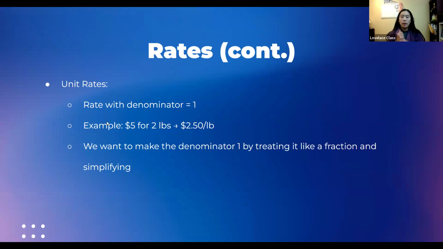Remember that the denominator is going to be pounds. We want to make the denominator 1 and treat it like a fraction, and simplify. So we did 5 divided by 2 and 2 divided by 2 to get 2.5 per 1 pound. Just like how we can treat ratios as a fraction, you can treat rates also as a fraction.